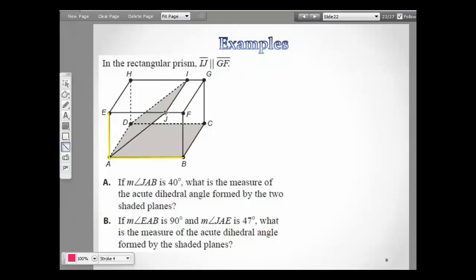Oh, this is going to be overlapping. So I'm going to overlap it like that so we can see what angles we're talking about. And it says JAE is 47 degrees. So I'm going to write that one in there.